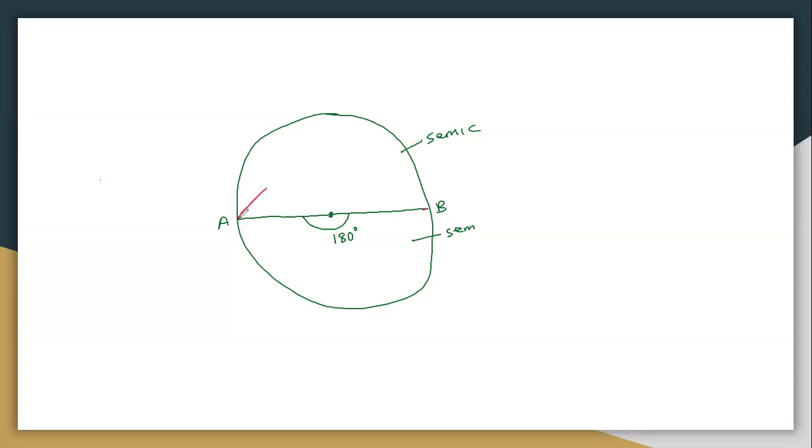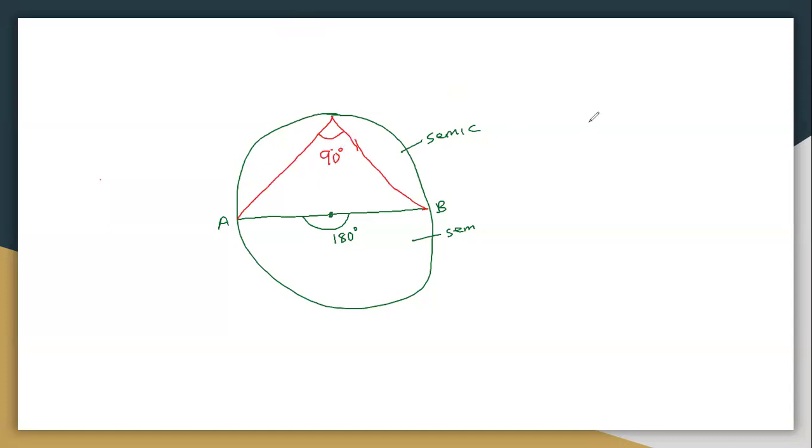So if I draw a line from here and I draw another line from B, can you tell me, relating to the property we have been dealing with, which angle we shall be forming at that point? Okay, 90. Very good. Everyone is saying that angle is going to be 90.